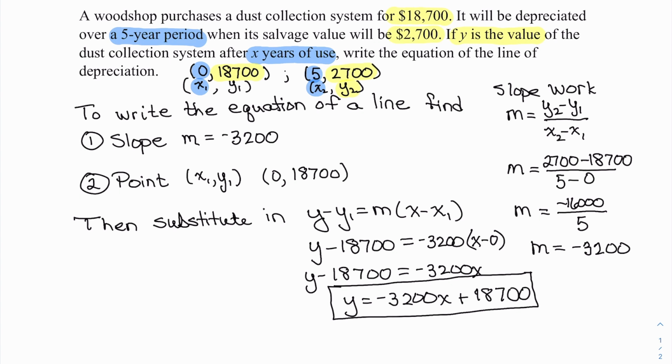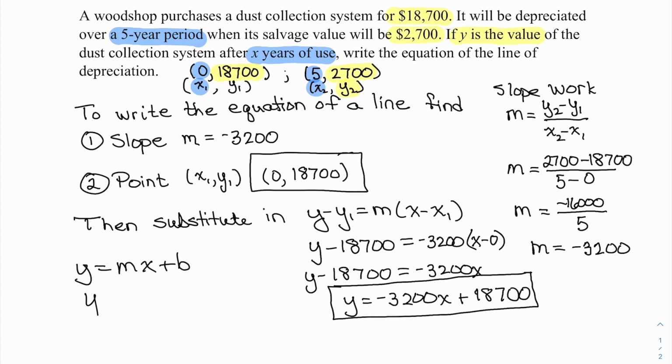Now, just as a side note, because this point is the y-intercept, the x-coordinate is 0. So when the x-coordinate is 0, I know that's the point that's the y-intercept. Specifically and only when you have the point that's the y-intercept, we could have written this equation quicker by the slope-intercept form.